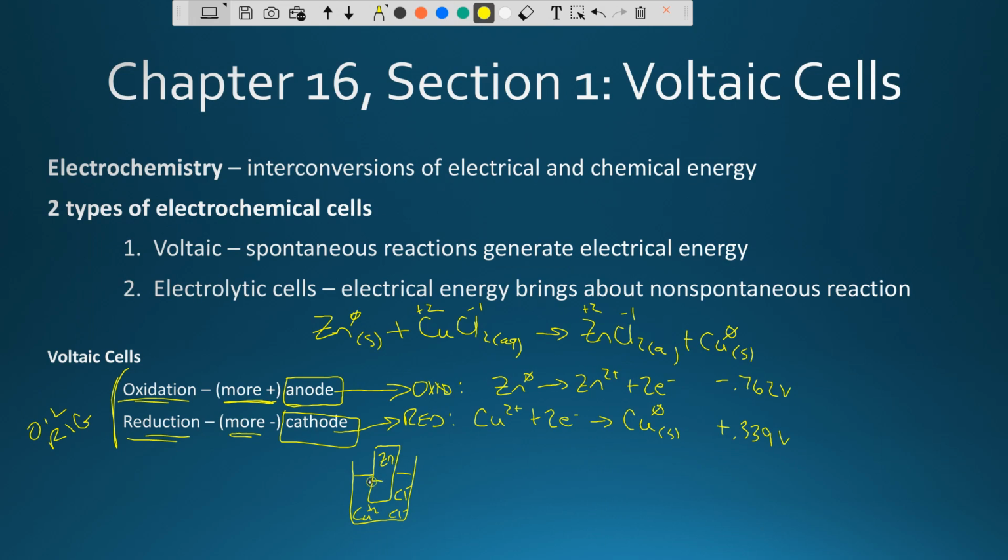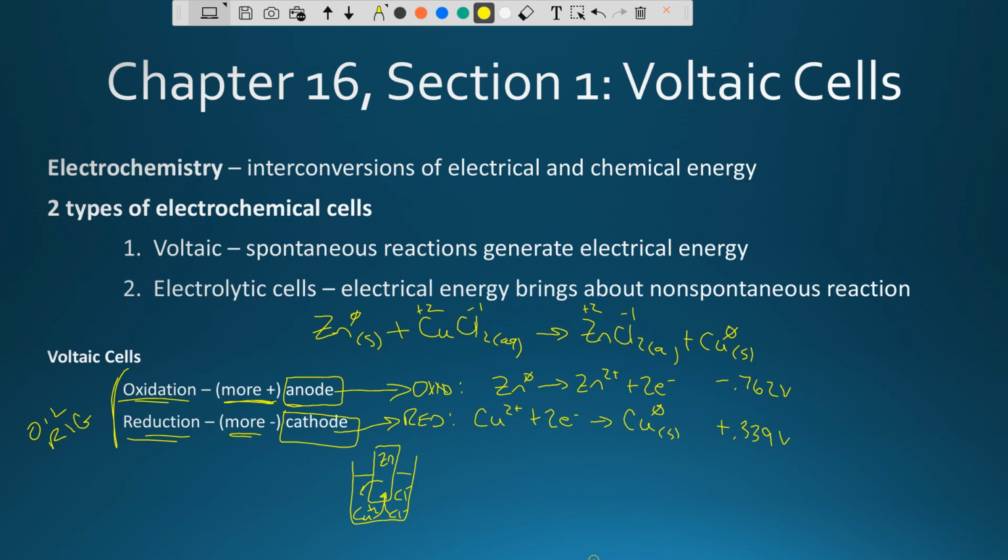And so what's happening is my zinc is forming zinc ions in solution, and my copper is actually forming onto the metal itself. I'm, in a sense, basically going to be plating my zinc with the copper. Okay, that's my anode, that's my cathode along the way.